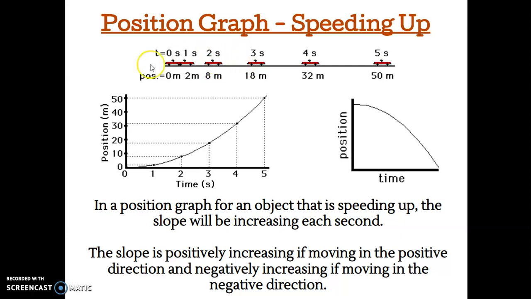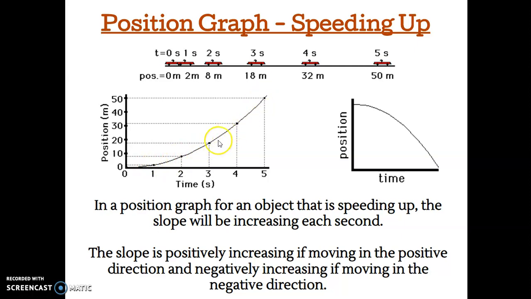And how are we going to show this on a position versus time diagram? Well, remember what we said before, that on a position time diagram, the slope of that position time curve is what gives us the velocity. So how we show that the object is speeding up is that that slope is increasing.